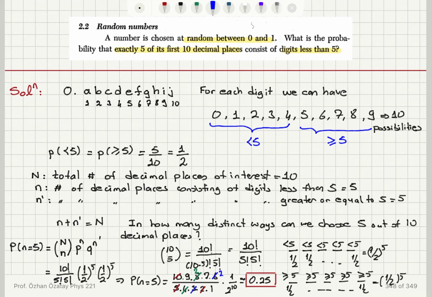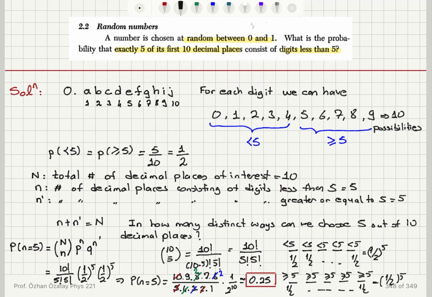So you would have in total 4 times 9, which is 36, times 7. So it's 36 times 7 divided by 2 to the power 10, which is 0.25.